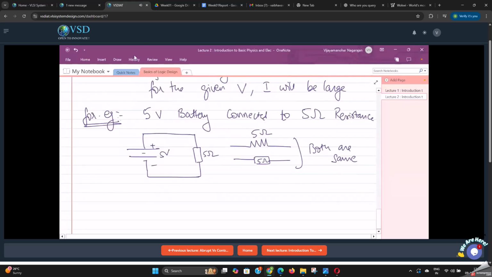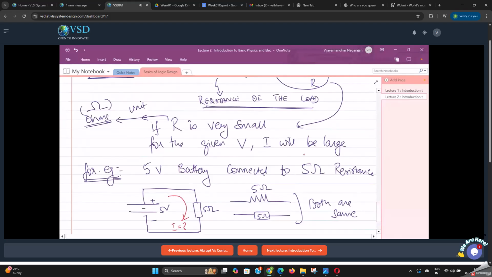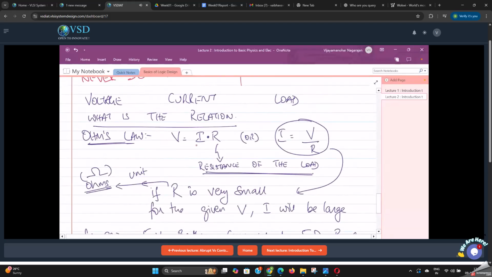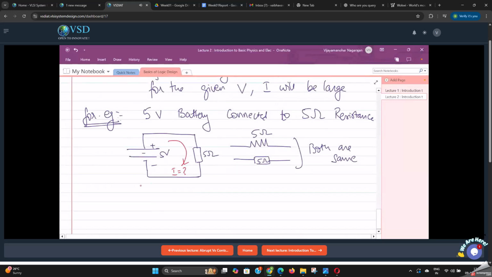So now what is the current that is going to flow? How much current will flow? I is the current, V is the voltage. So what is the current by Ohm's law?